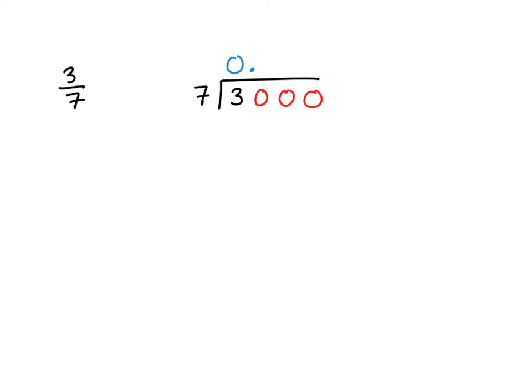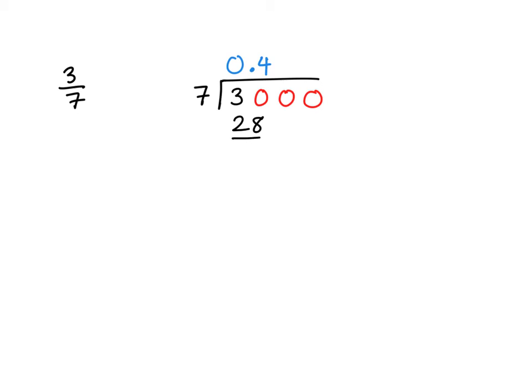And now what we do, we ask ourselves, how many 7s go into 30? Well, clearly into 30, there are 4 lots of 7. Why? Well, 7 times 4 is 28.